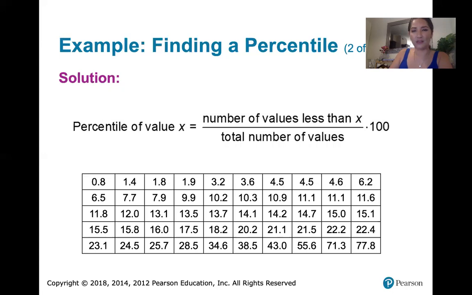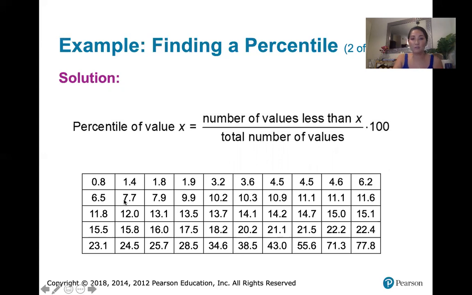We're using this formula again. We say how many values are less than x, and then how many values there are. That gives us the proportion of values that are less than x. That's this fraction right here. Then we multiply that by 100% to get the percentile. So we need to know the total number of values.